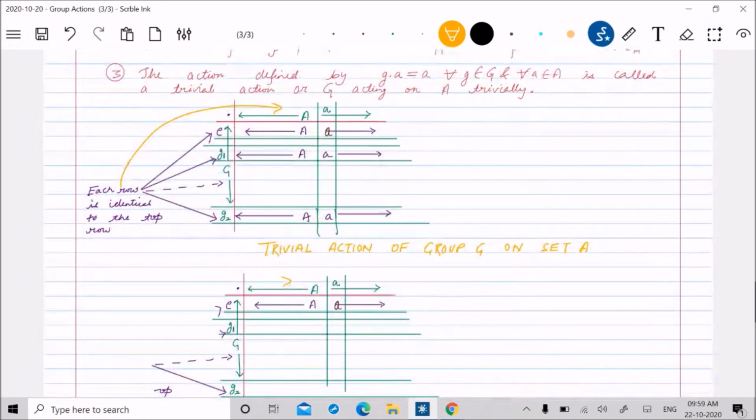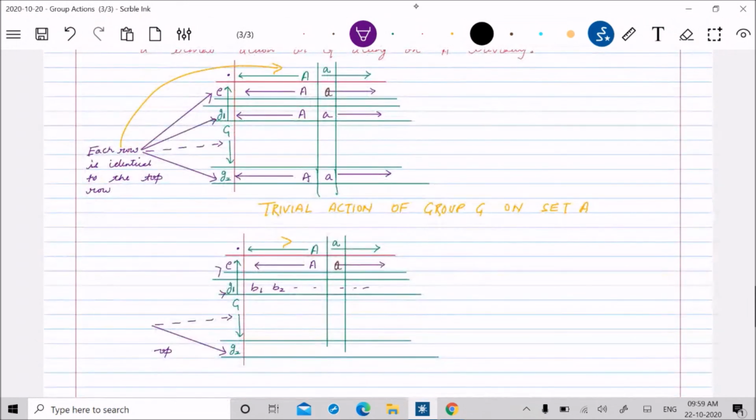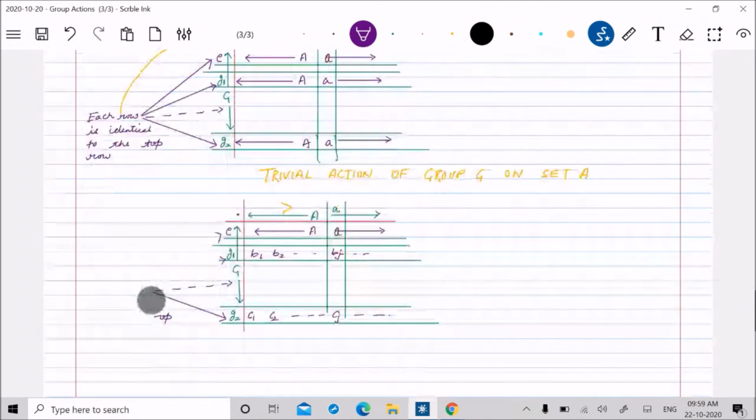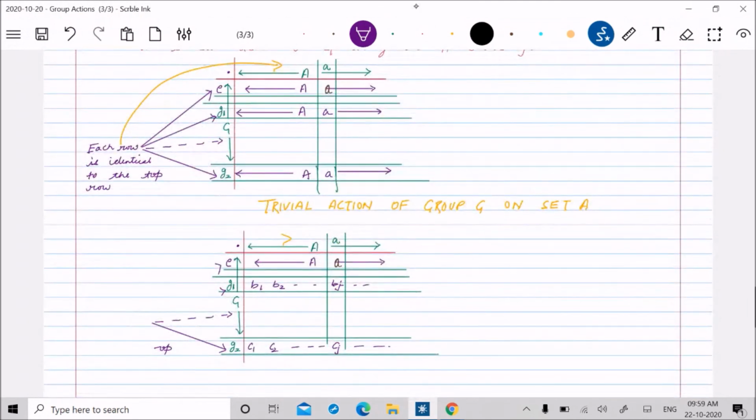I can write the elements like B1, B2, and the sequence is let it be Bj, and this is sequence C1, C2, up to Cj. So what it indicates is that each of the rows are distinct this time, right?